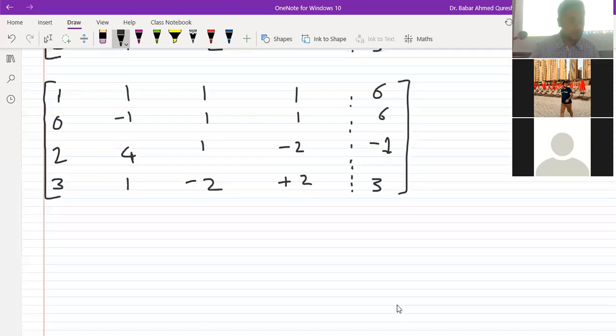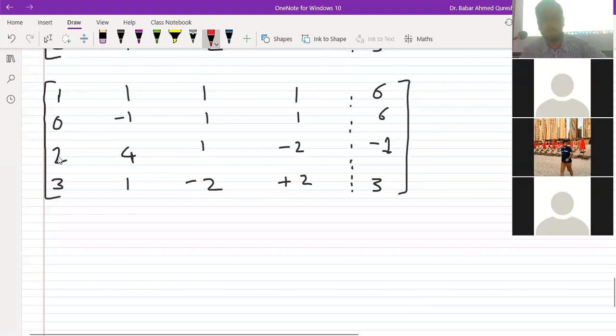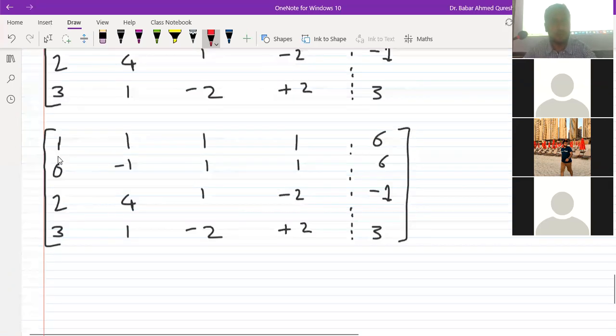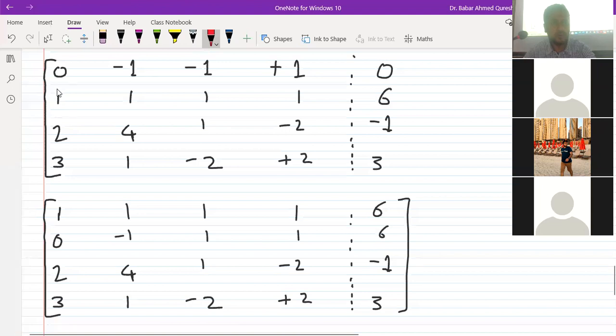Now, what you're gonna do is make. Sir, in the second row, it should be 0. Should I repeat it? In the second row, okay, so you wrote 6 instead of 0. Sorry.